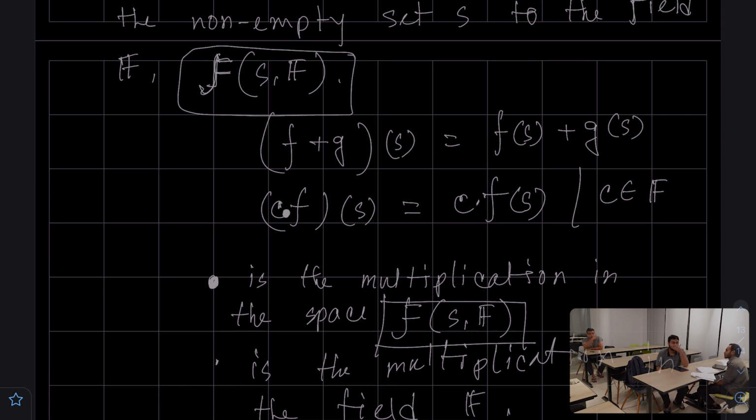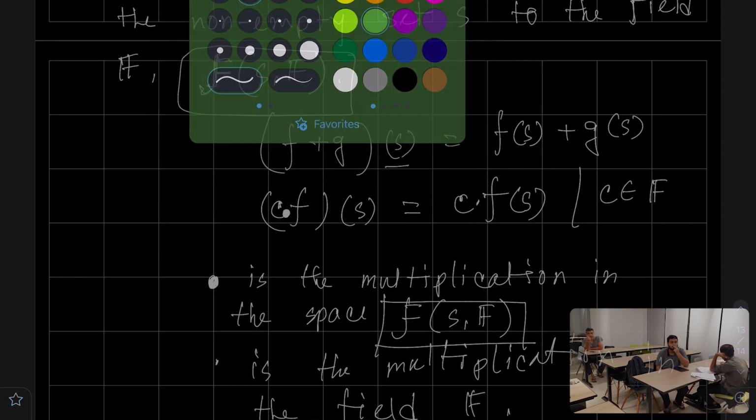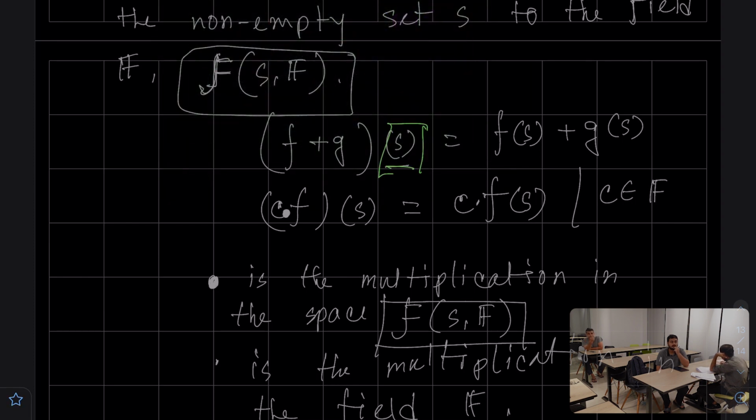Now, in the first rule, it is telling me that f plus g is a function, and it takes as input s, and it is supposed to spit out a field element. That field element that it spits out, f plus g of s, is the field element on the right, which is f of s plus g of s. f of s is the field element, which comes from what?